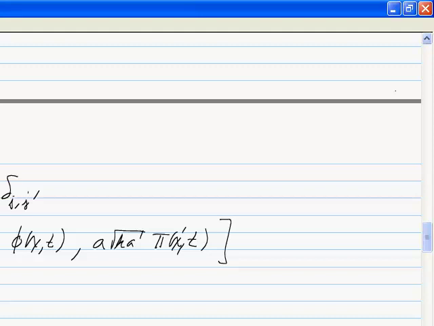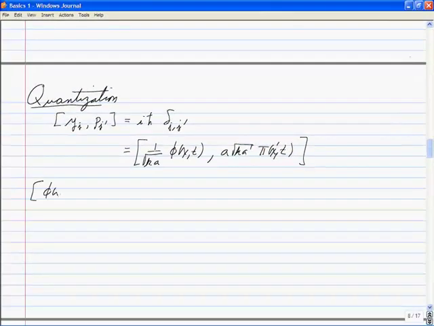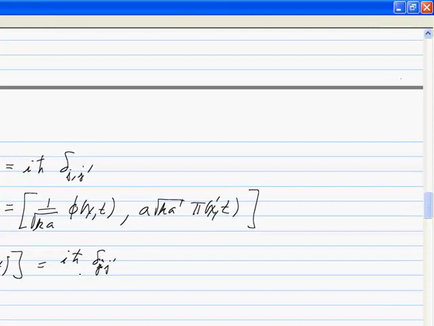Okay. So there's a commutation rule now. And we see that the square root of Ka's cancel, so that Ka business doesn't play any role. There is an a left over, and so let's just write it out here. It's phi of x and t commuted with pi of x prime and t is IH bar delta j j prime over a.